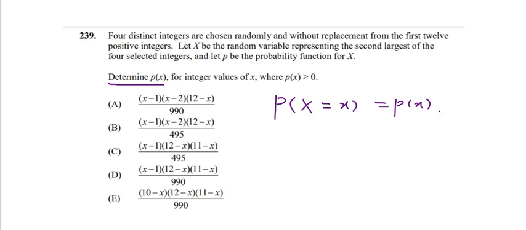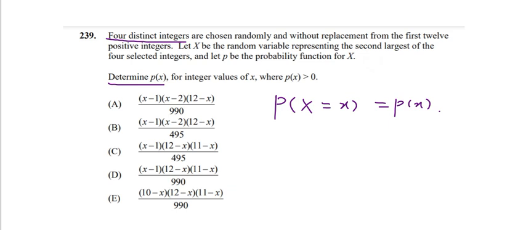We want to find this probability. So what is this x? Let's check. This is like we just pick 4 distinct integers from the first 12 positive integers.